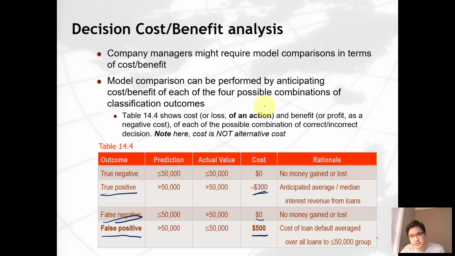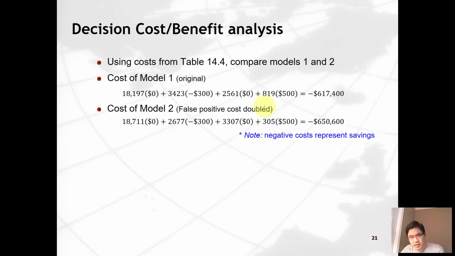So with this change of configuration, the result becomes that, this is in terms of cost. So negative cost means positive revenues. It's positive savings or positive revenues. With the previous model, which treats the two types of errors equally, the revenue is 617,000. But with the optimized decision weights, the revenue is increased by close to 5 or 6%.